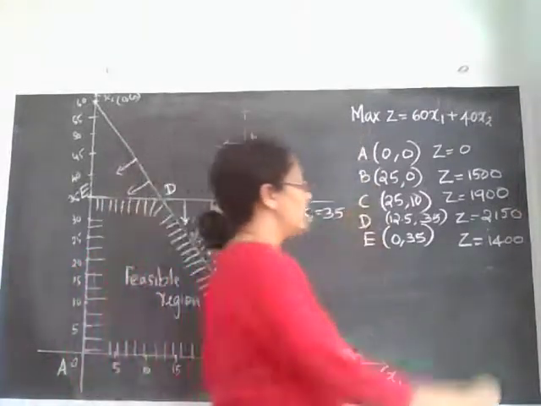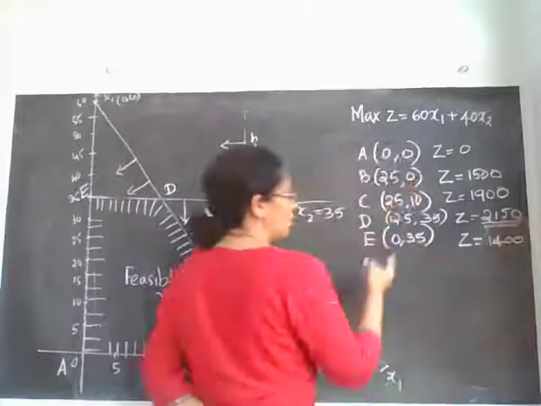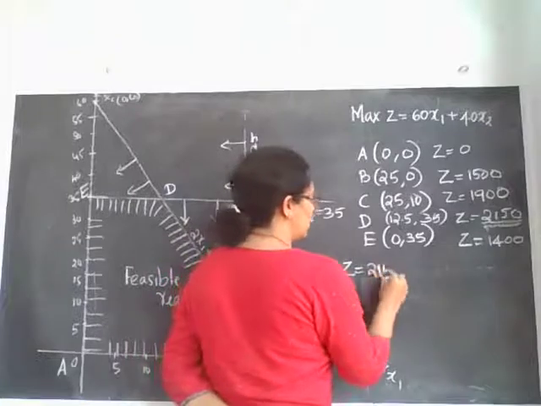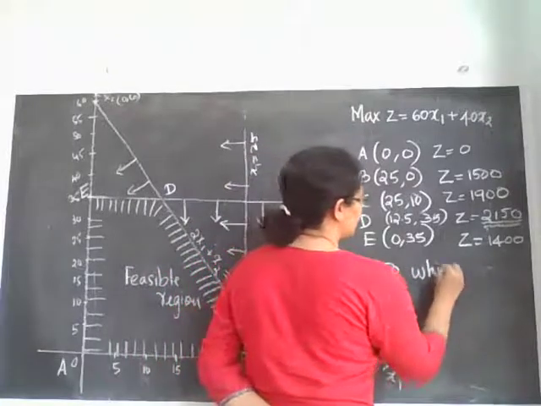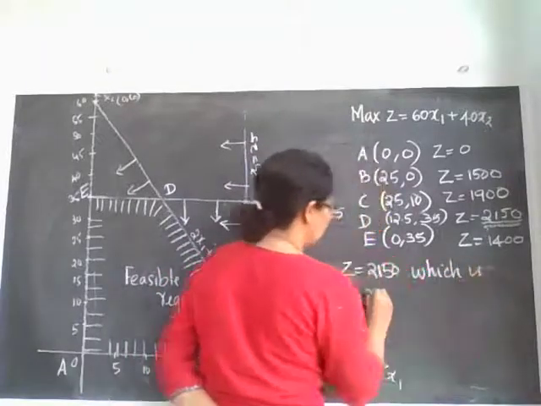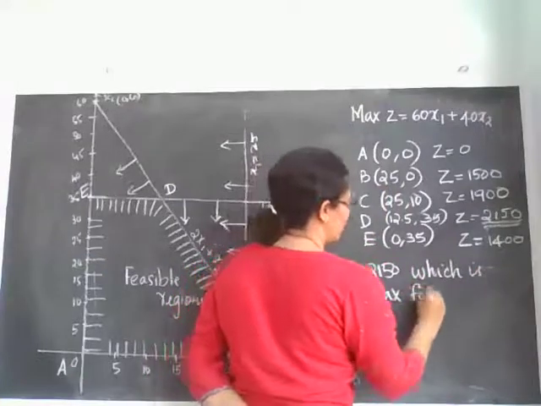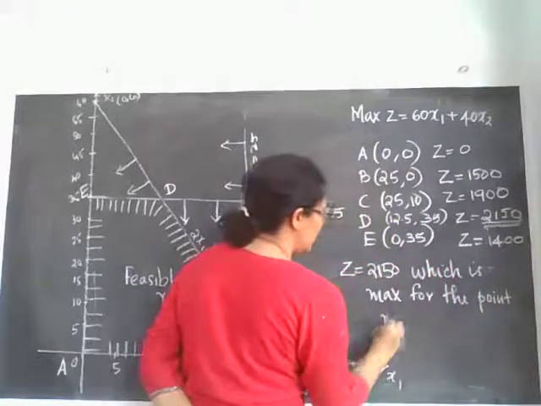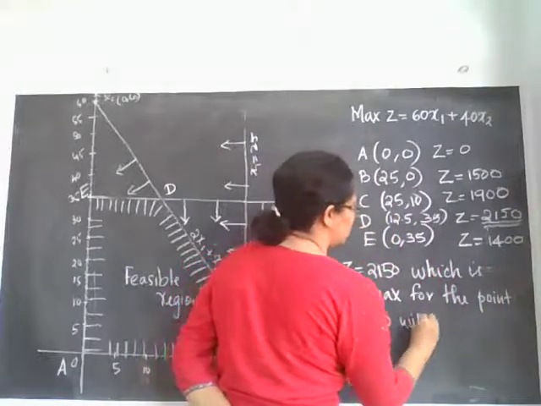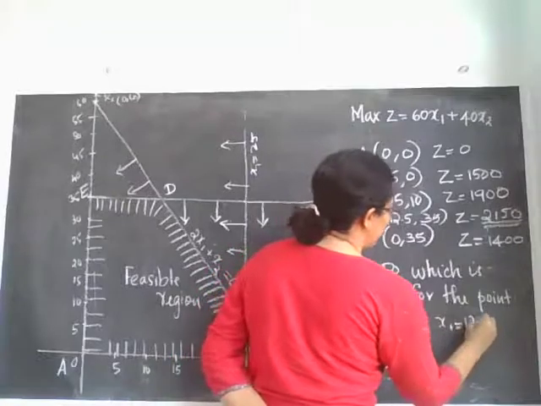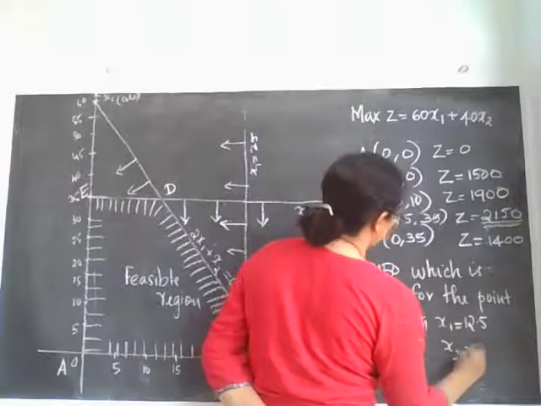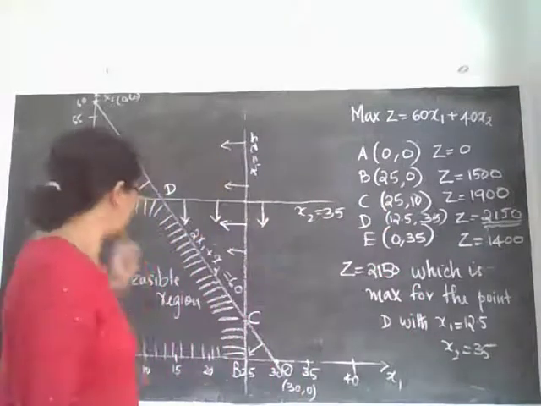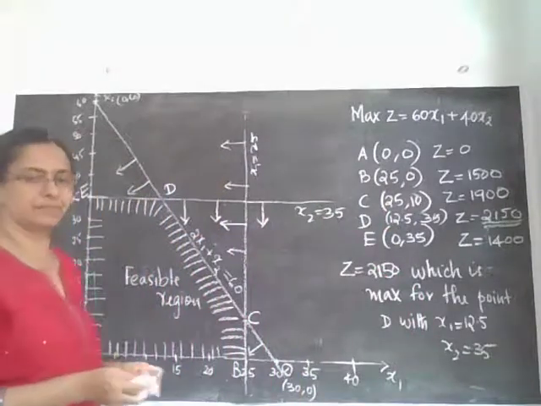So you can write that Z is equal to 2150, which is maximum for the point D with x1 equal to 12.5 and x2 equal to 35.